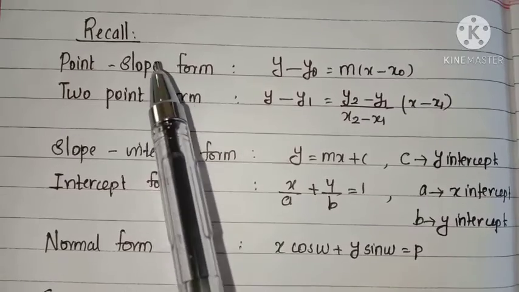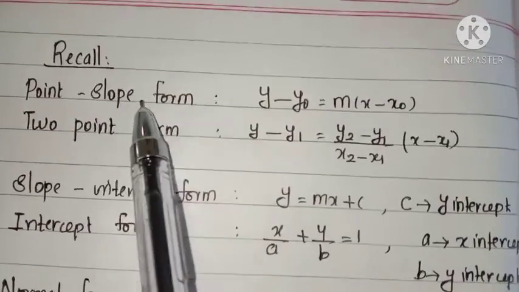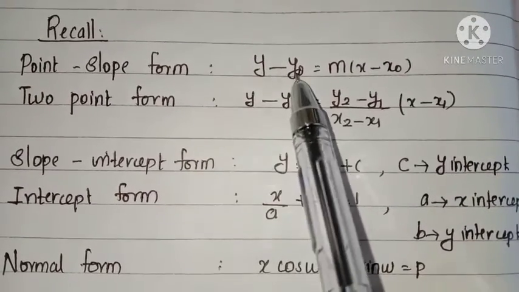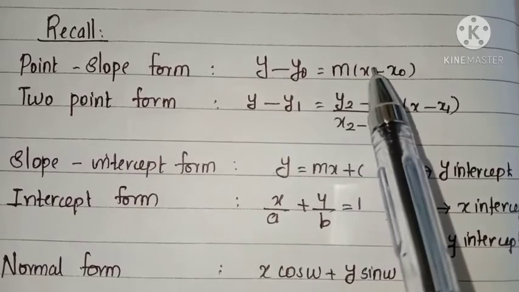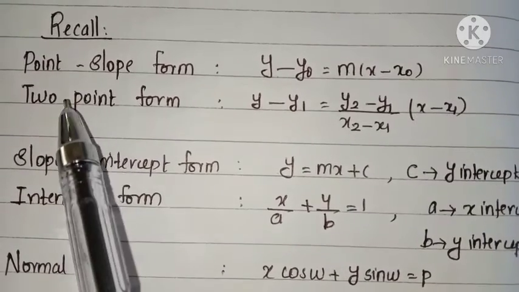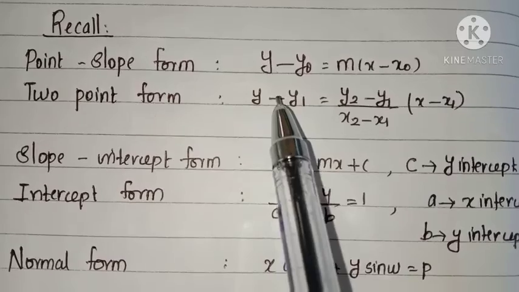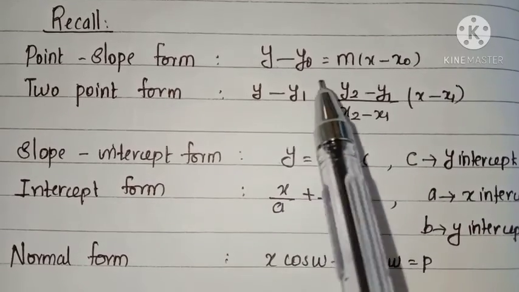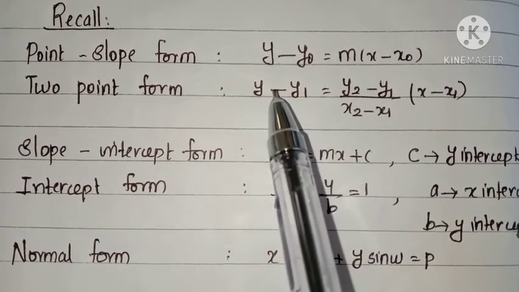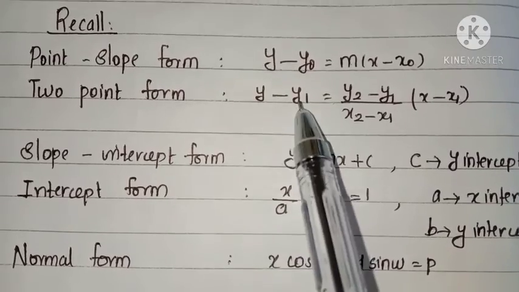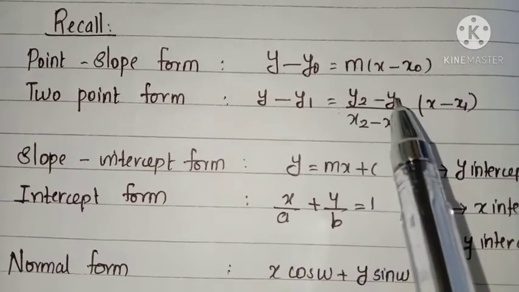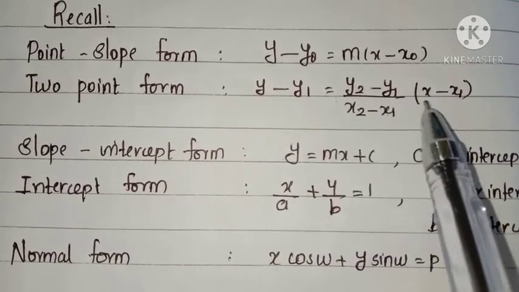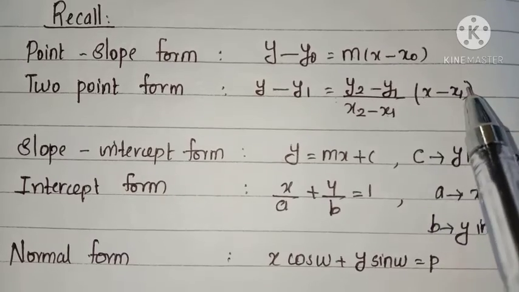Let's recall all these results. Point slope form: y minus y naught equal to m into x minus x naught. Two-point form, two point means x1 y1 and x2 y2, then the equation of the straight line is y minus y1 equal to y2 minus y1 by x2 minus x1 into x minus x1.